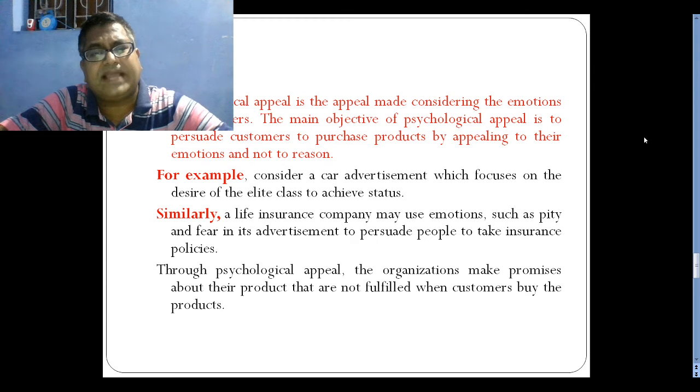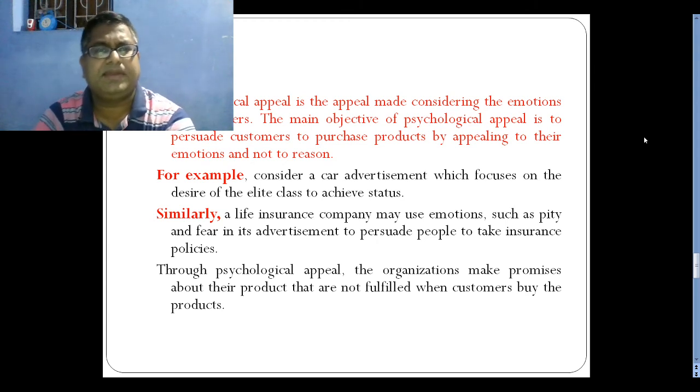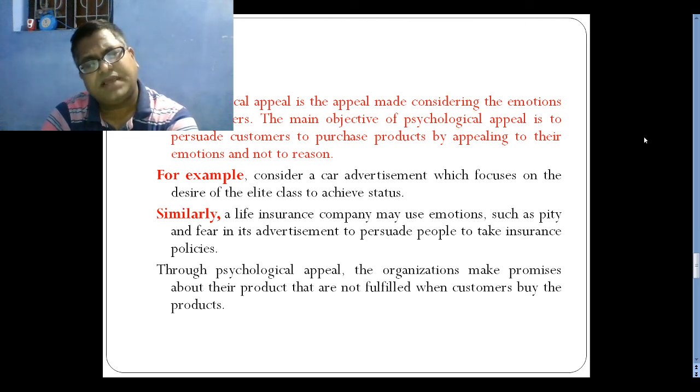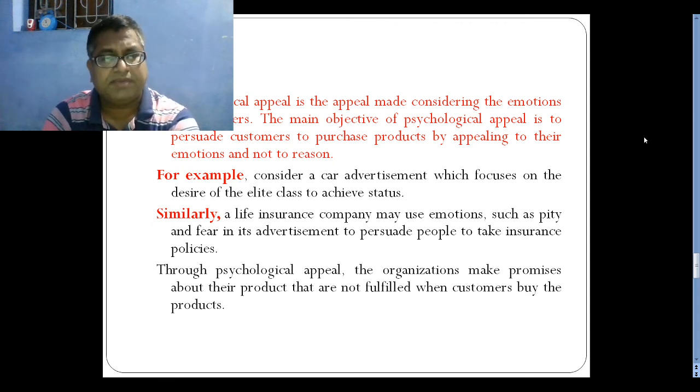And some psychological appeal or emotional appeal is made to the customers also. The main objective of psychological appeal is to persuade the customer to purchase the product by appealing to their emotion, not to reason. It means that sometimes an advertisement, like a car advertisement, focuses on the desire of the elite class to achieve status, and achieving status is an important aspect of purchasing a particular product.